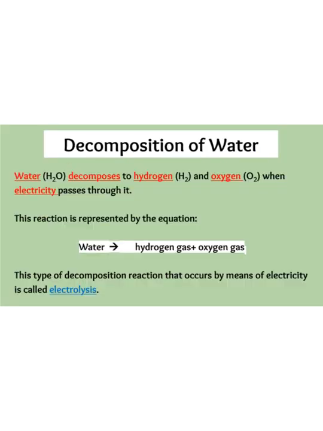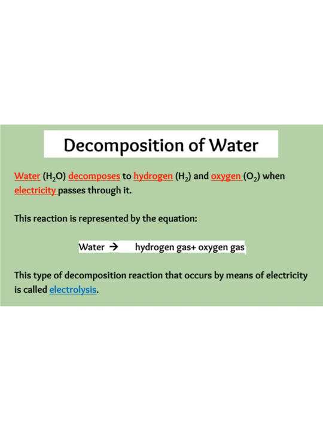Decomposition of water. Water, H2O, decomposes to hydrogen, H2, and oxygen, O2, when electricity passes through it. This reaction is represented by the equation: water gives hydrogen gas plus oxygen gas.